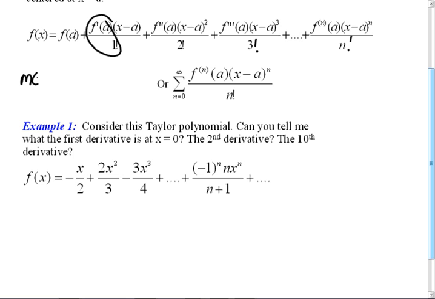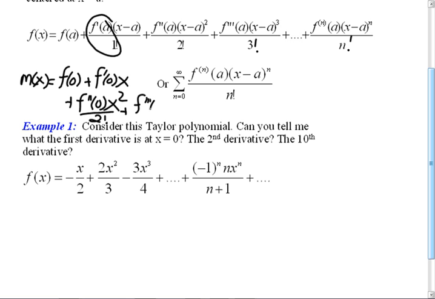M of x is equal to f of 0 plus f prime of 0, x, plus f double prime of 0, x squared over 2 factorial, plus f triple prime of 0, x cubed over 3 factorial, etc. These numbers in front here are just the constants. So if I look at the x squared term, this 2/3 is equal to that coefficient.